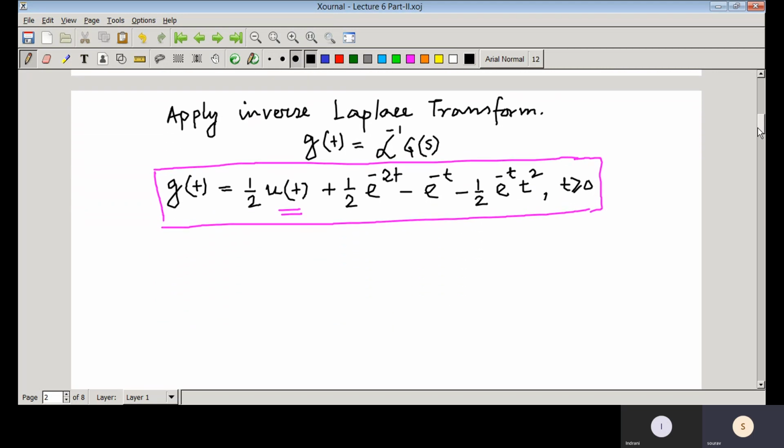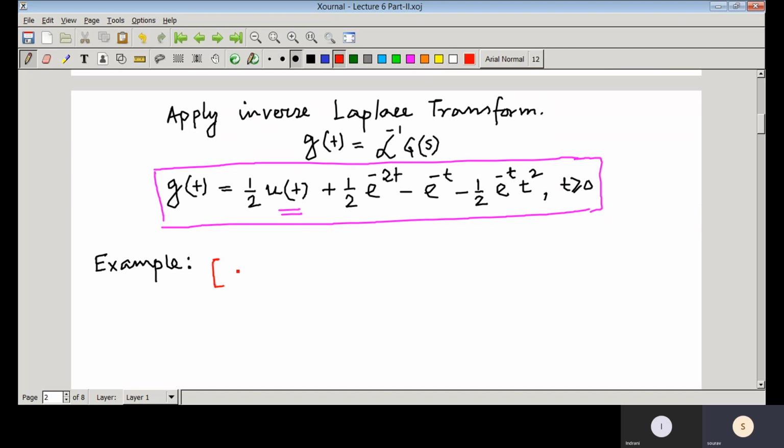So now we'll be taking another example where we have complex conjugate poles. This example is a different type of example, in the sense that in this particular rational transfer function, the poles are actually complex conjugate.